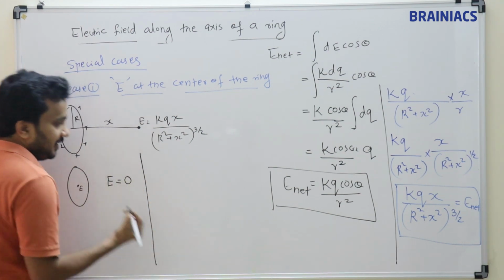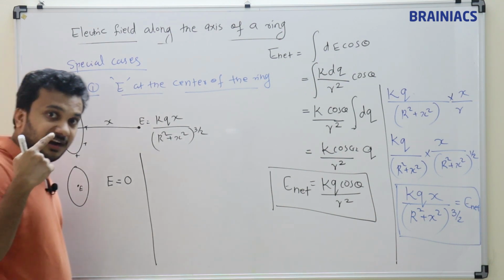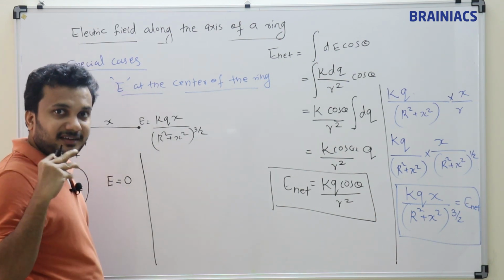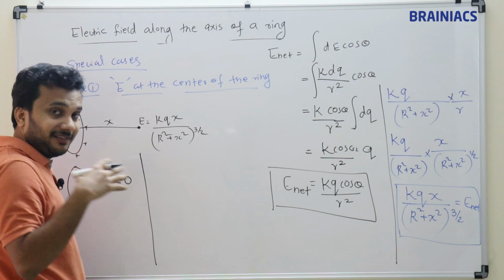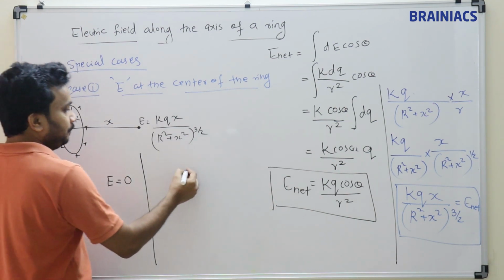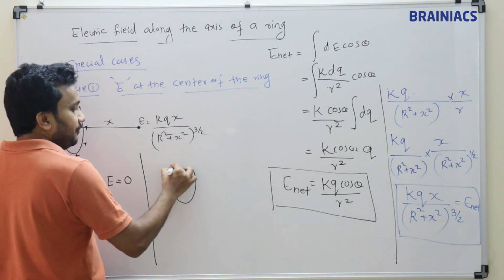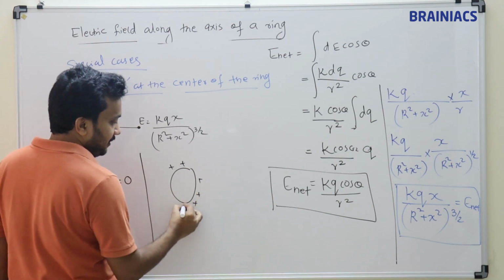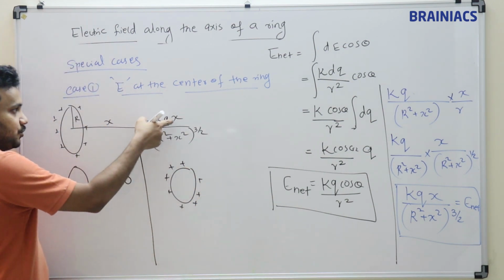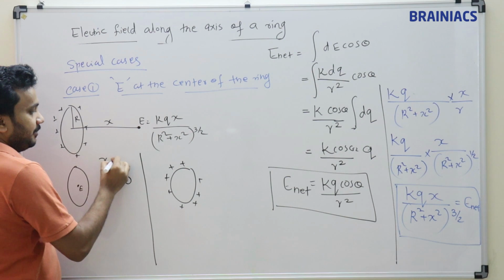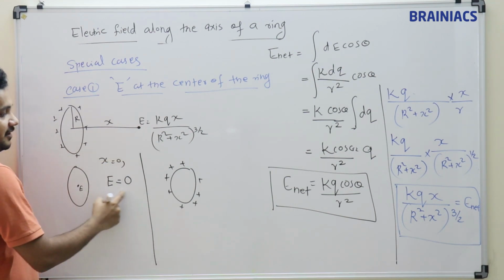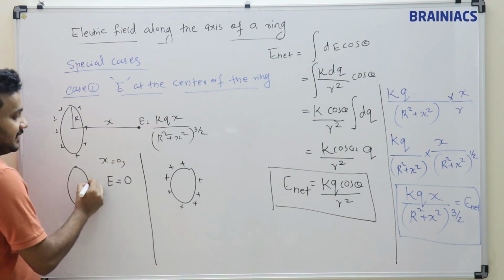Now another, theoretical explanation for this. In the case of a ring we have positive charges. We already showed, based on the equation, that substituting x equal to 0 gives electric field equal to 0 at the center.